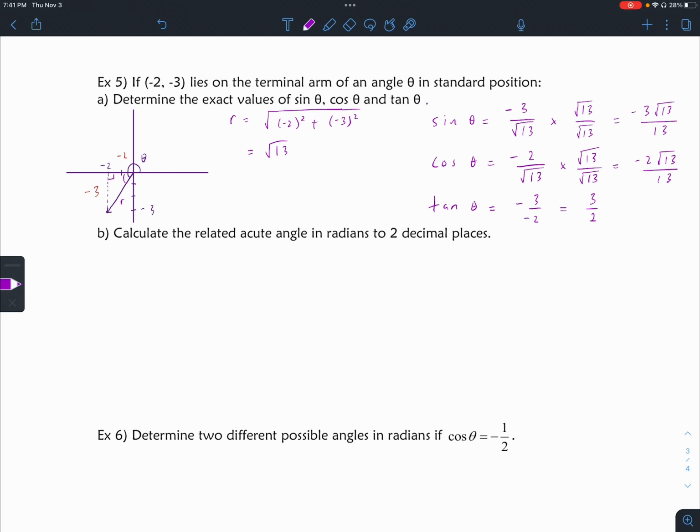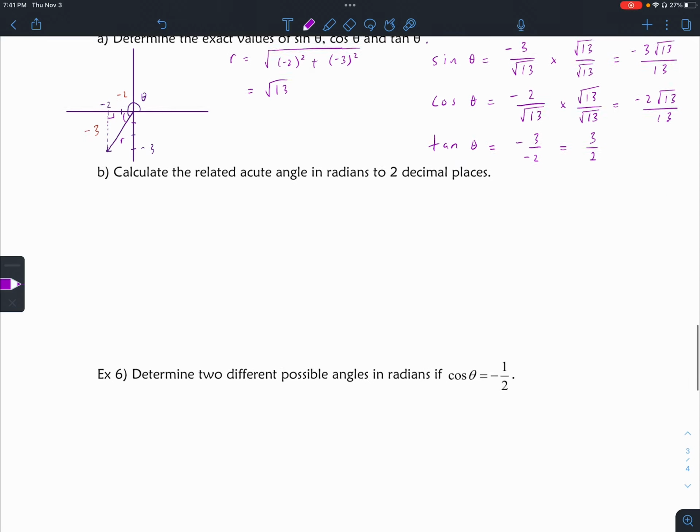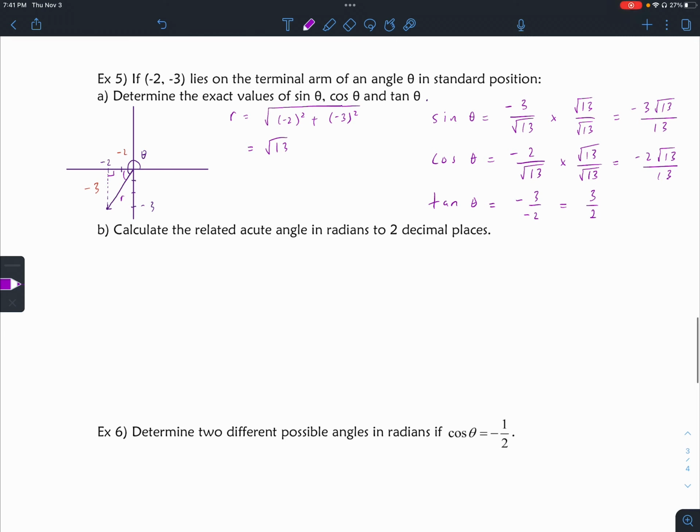All right, now finding the angle. Calculate the related acute angle in radians to 2 decimal places. In this case it's just the related acute angle, not even the principal angle. So we can use any of these ratios really, but I think tangent would probably be the easiest one to use here.